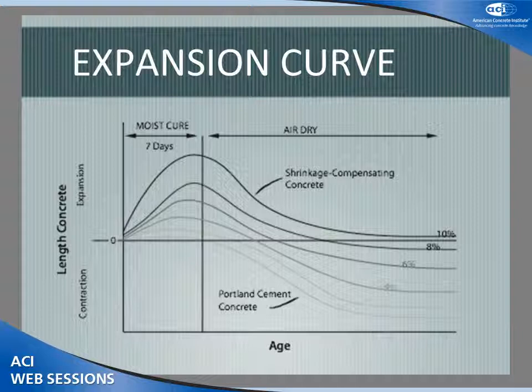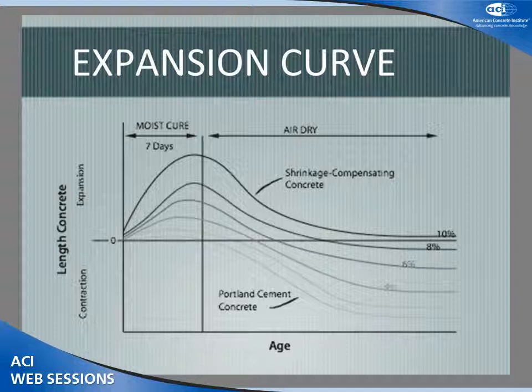Let's take another look at the graph that we had previously in ACI 223. You can see the curve, but at this time, let's interpret the topmost curve as concrete with the component dosage necessary for full shrinkage compensation in a typical heavily reinforced structural member.